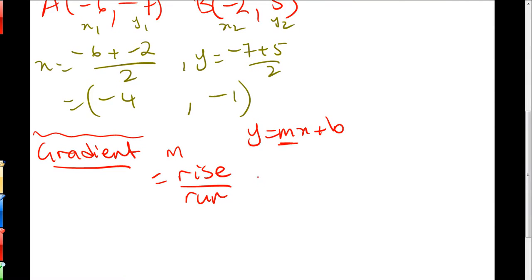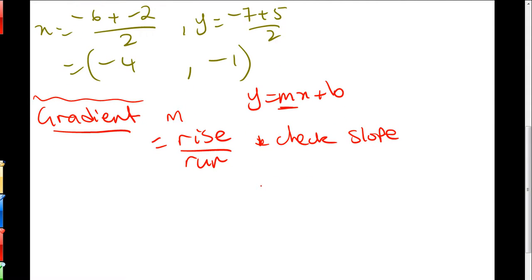Okay. The only downside to this is you must check your slope. So if it's sloped like this, it's positive to the right, if you see that, and then if it's sloped to the left, okay, it's going to the left, can you see that? It's negative.